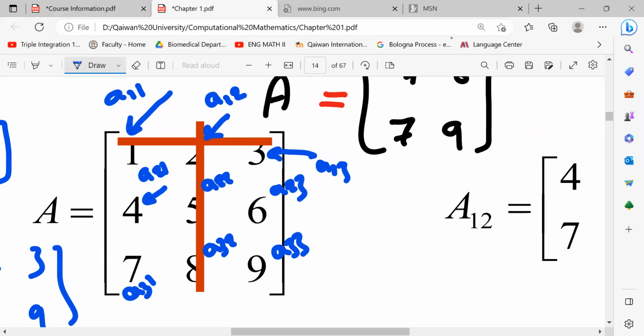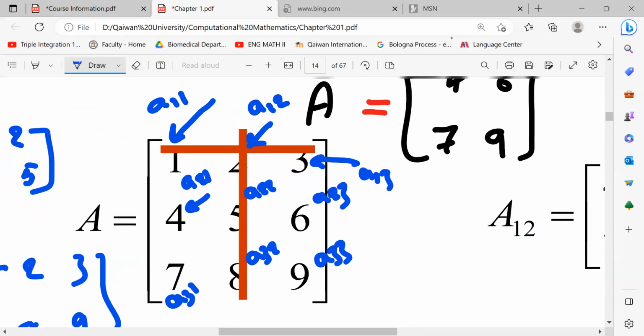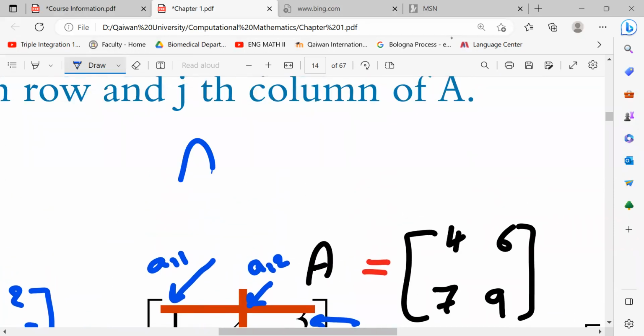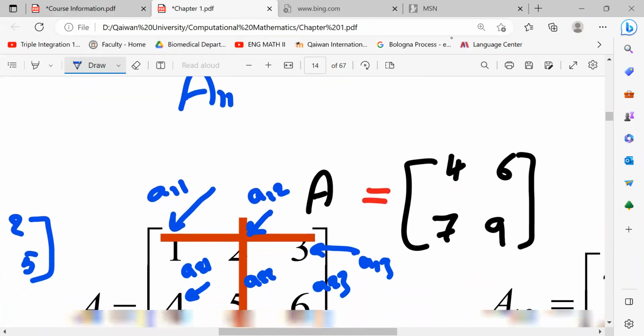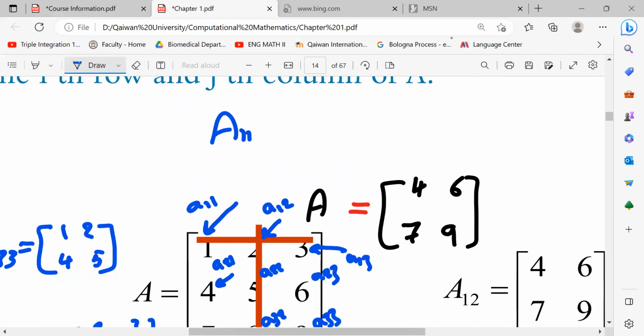That's all. That's how to find the names of these elements. And what is capital A11? Here, it's a submatrix obtained by removing the first row and the first column from matrix A. Okay?